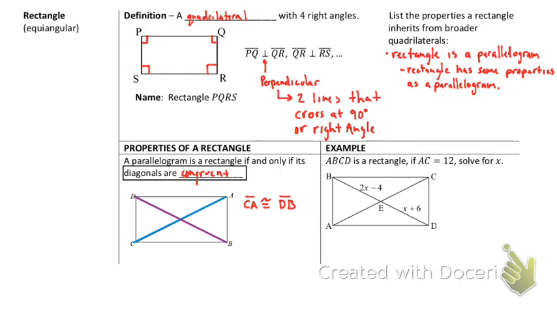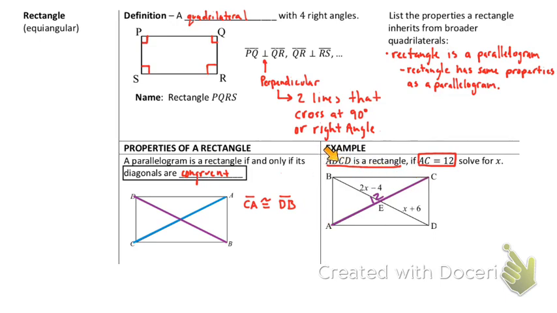Let's do an example. We know that this is already a rectangle, and we want to figure out what X is. Given this information, we know that the segment AC is 12. So this line in purple, all the way across from here to here, is 12.